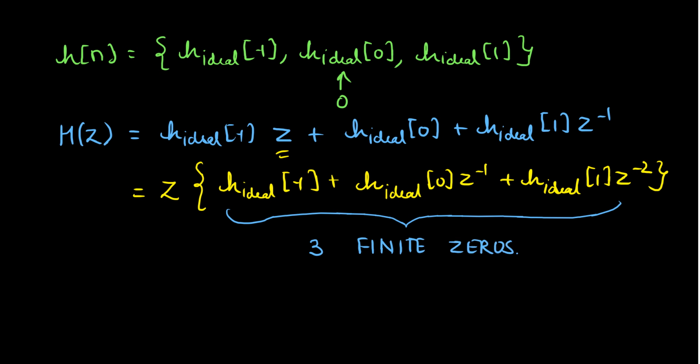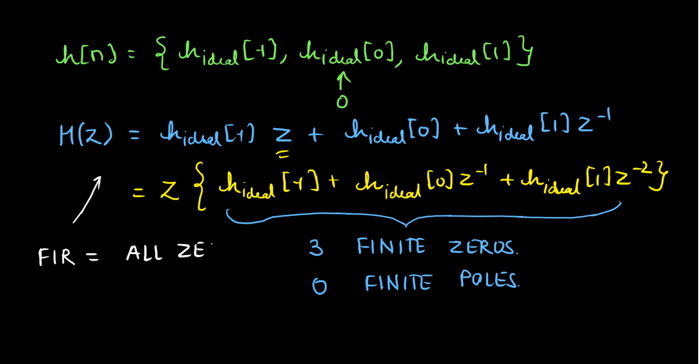By finite, we are excluding the zeros that are located at z equal to 0 as well as at z equal to plus minus infinity. Moreover, if we observe carefully, we have 0 finite poles. And the systems which have only finite zeros are referred to as all zero systems. So this H of z is of an FIR system or FIR filter, as well as it is all zero. It is an all zero filter.